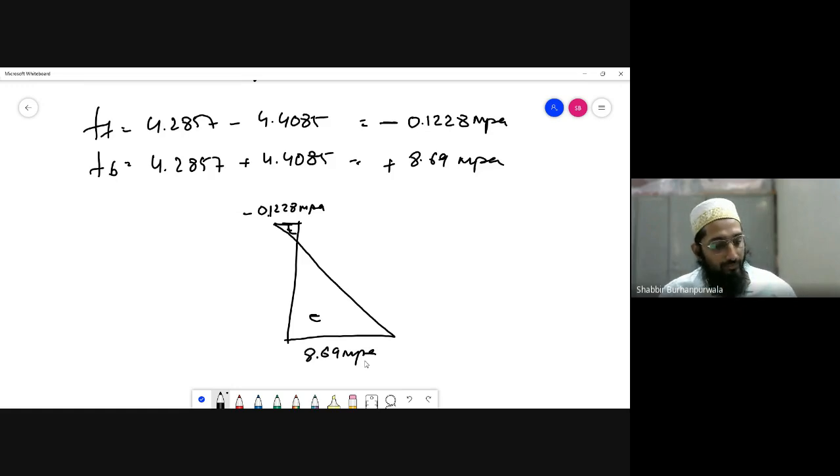Is it clear to you how we calculated these stresses? Everyone, is it clear to you how we solved this particular problem and calculated the stresses? This is a very basic thing to do. And I know half of your class has taken the pre-stress concrete as your elective, so I don't need to worry about those half people.